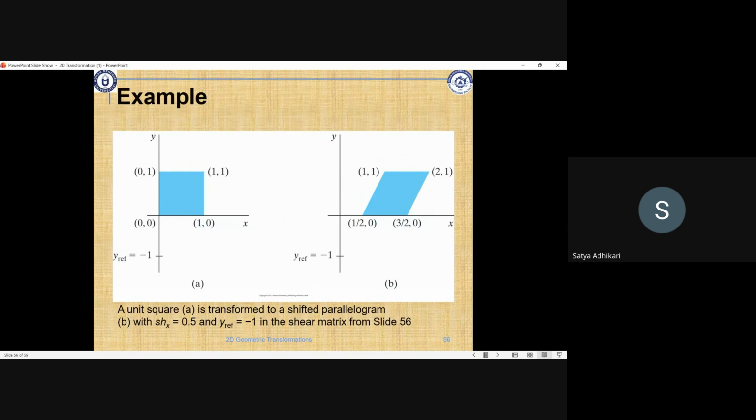So the unit square A is transformed to the sheared parallelogram. You see, after using the shearing formula, the side changes. The shape first was a unit square, and now it is shifted, the shape changes to a parallelogram using shearing factor 0.5.